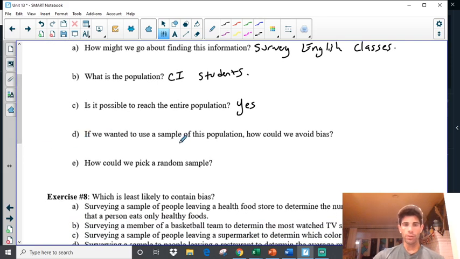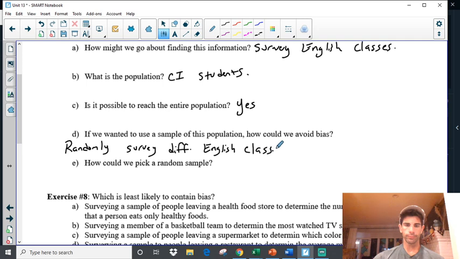If we wanted to use a sample of this population, how could we avoid bias? We could randomly survey different English classes. How could we pick a random sample?